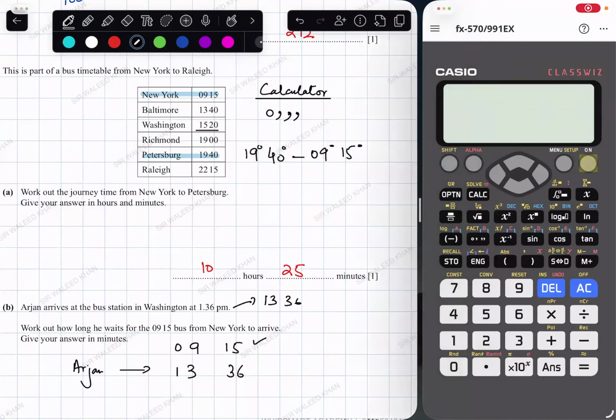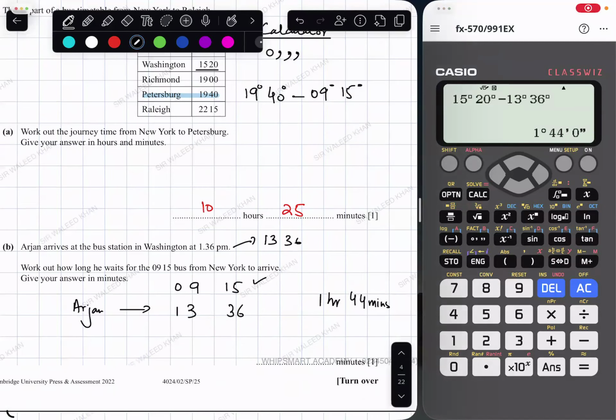So let's do that. 15:20 minus Arjun's time, 13:36. We have 1 hour 44 minutes. Okay. Now 1 hour 44 minutes. Give your answer in minutes.